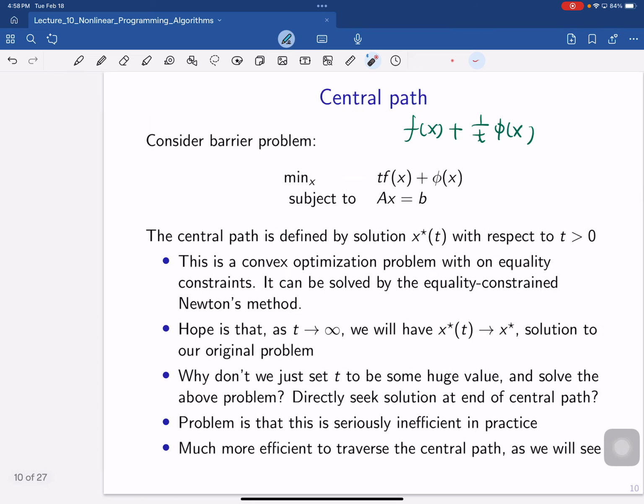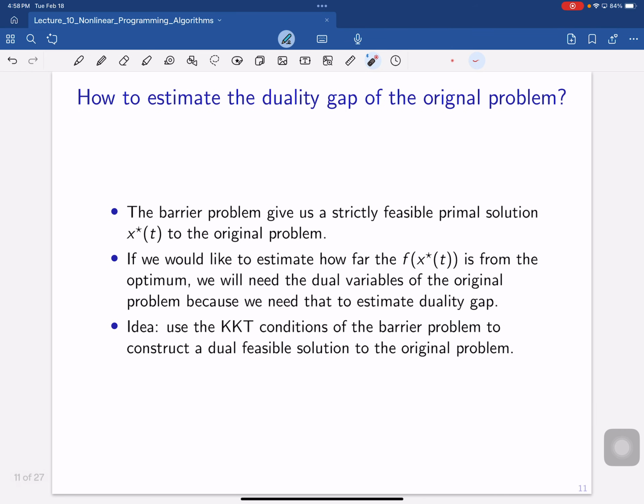But the issue is you always have a primal feasible solution, but how do you know the primal feasible solution is good enough? The only thing you know is as t goes to infinity, it will converge to the global optimal solution of that problem.